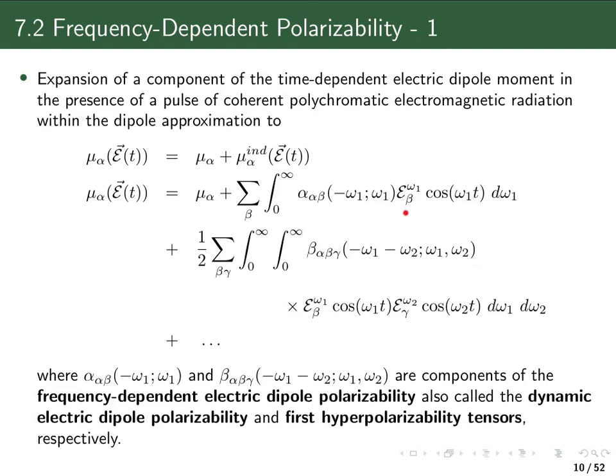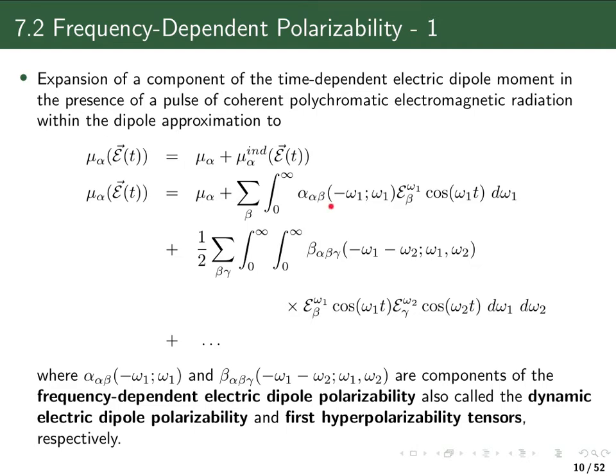Now, since the field is oscillating, and we might have different frequencies, it's maybe not so surprising that the value of the polarizability, or the components of the polarizability tensor to be more precise, also depends on the frequencies.